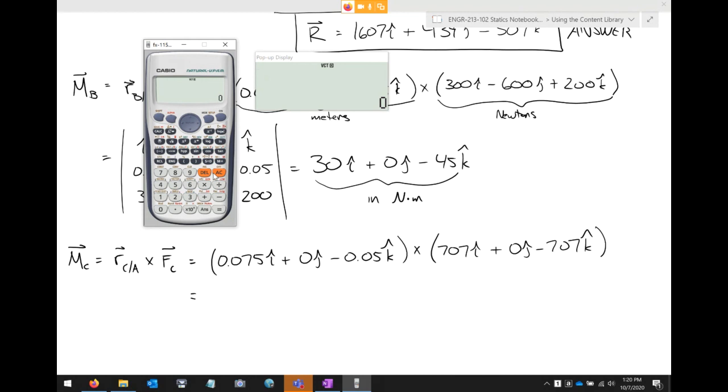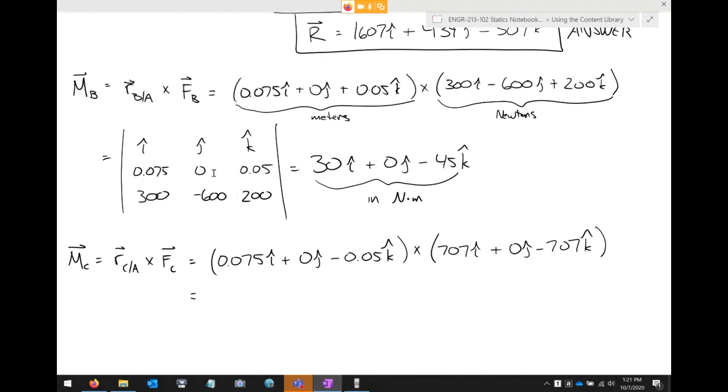Make sure that you've got a negative on the K on the R, on the position vector. Yeah, that's what I got. I got just zero i plus 17.68j plus 0k.